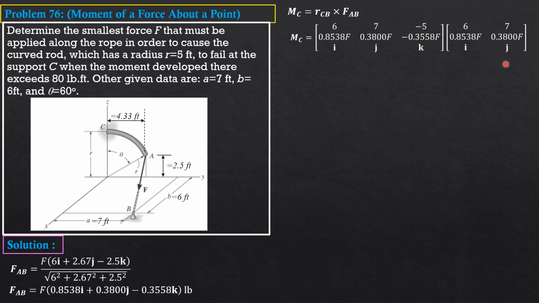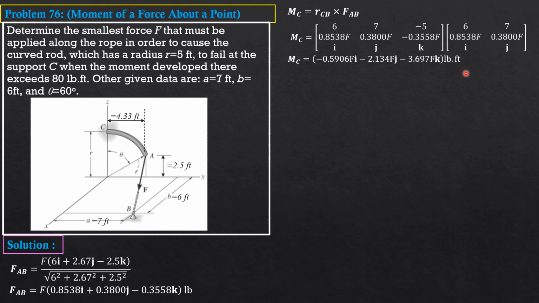Along j, use your calculator, negative 5 times 0.8538F, then minus negative, so plus 0.355F times 6. Then along k, 6 times 0.38F minus 0.8538F times 7. So the result, MC is negative 0.5906Fi minus 2.134Fj minus 3.697Fk pound-foot.